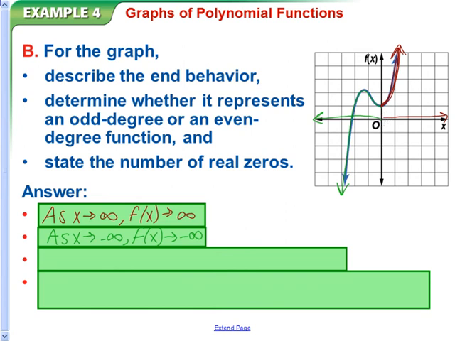Opposite directions, that means it's going to be an odd function. Or odd degree function, we could say that as. And how many real zeros does it have? How many times does it cross the x-axis? Just once. So one real zero.